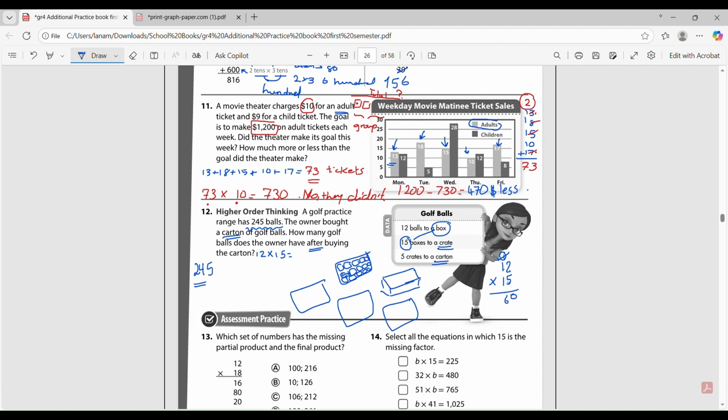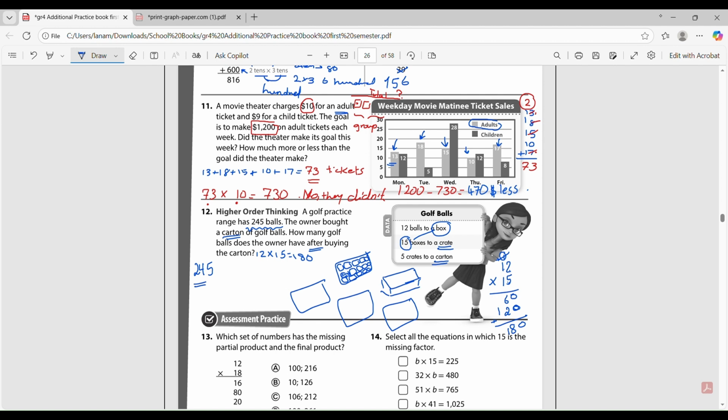I write it here. Now the second line will be for the tens, so I'm going to start by putting a 0. Now 1 times 2 is 2. 1 times 1 is 1, and I will add: 0 plus 0 is 0, 6 plus 2 is 8, and then we have the 1. So we have 180 balls in each what?